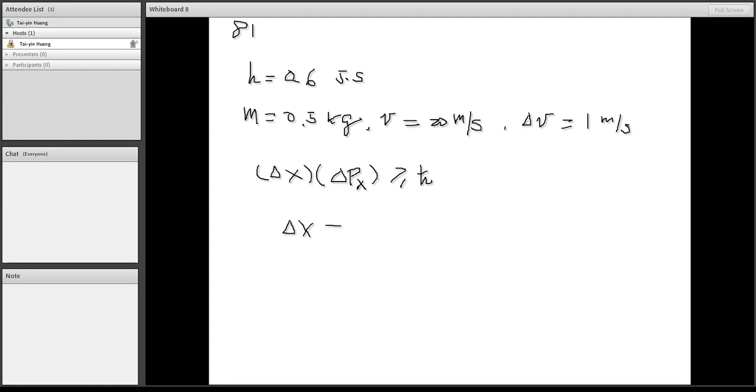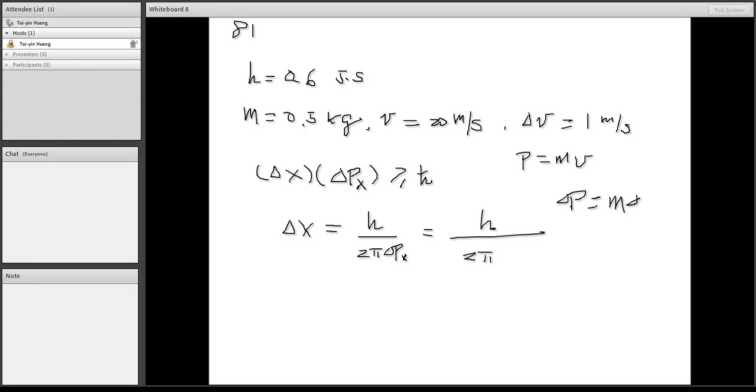So delta x at least has to be equal or greater than h bar, or h over 2 pi, and then over the uncertainty in linear momentum. So what is the uncertainty in linear momentum? You have p is equal to mv. So in this case, your delta p is equal to m delta v.